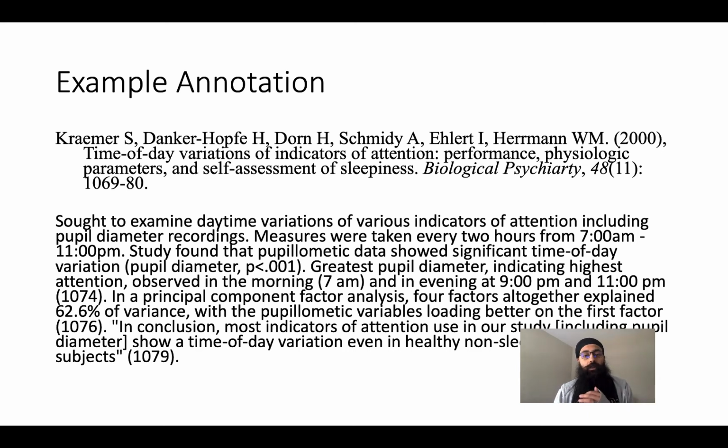So the first sentence is the author's hypothesis, then they go into the methods, and after the methods, they look at what the results were. They also include a conclusion, and here, the example includes a quote from the paper. Now, in an annotated bibliography, you're allowed to use quotes. I would just highly recommend making sure those quotes are in quotation marks so that when you write your paper, you're not plagiarizing that quote, thinking it's your own words when it's actually not.